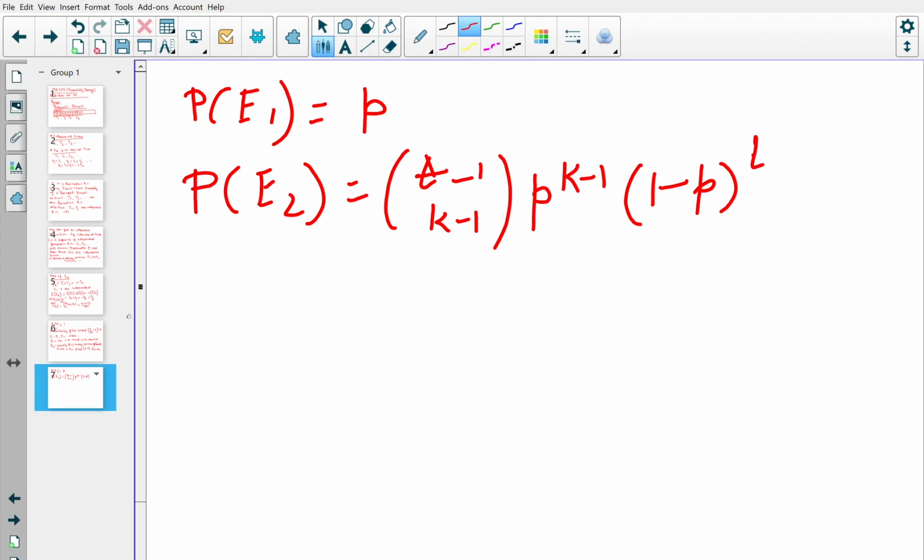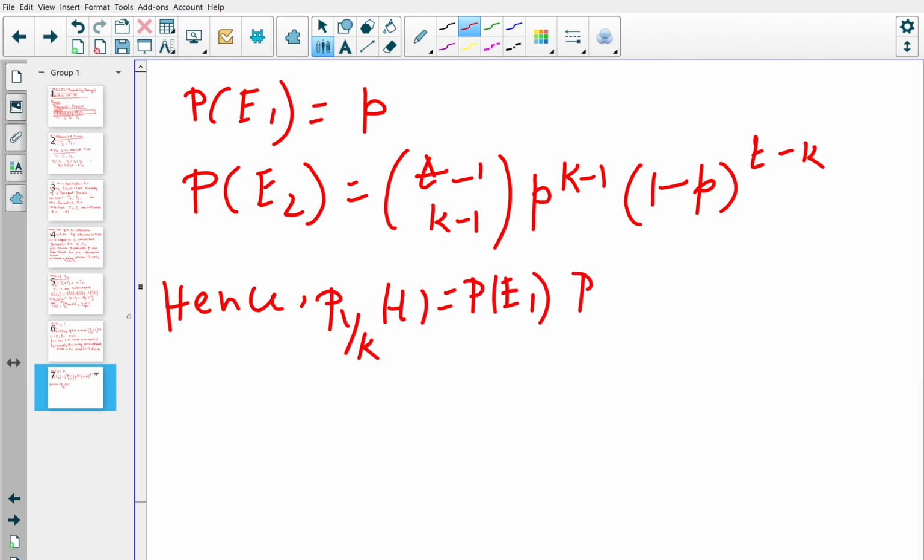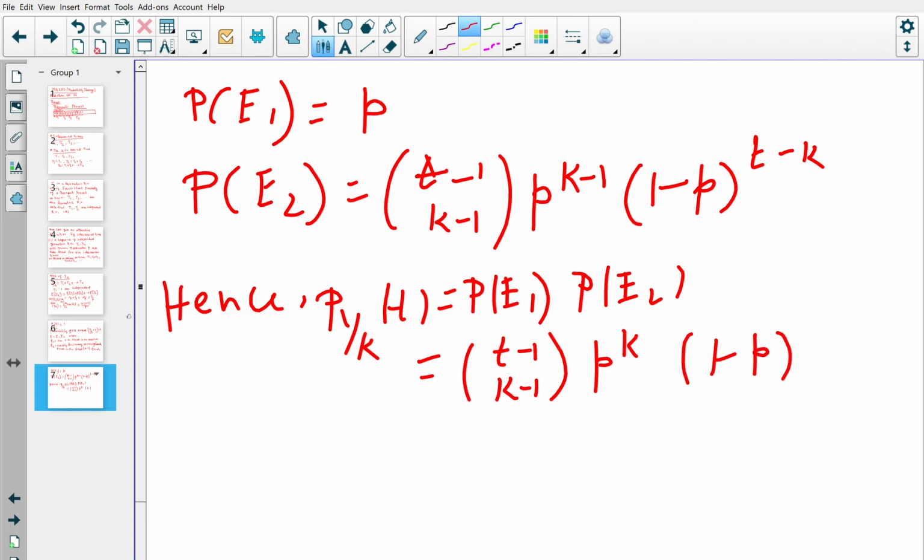Hence the PMF of Y_k at t will look like the product of these two things, the probability of E1 times the probability of E2, which is nothing but t minus 1 choose k minus 1, p to the power k, and 1 minus p to the power t minus k, right?